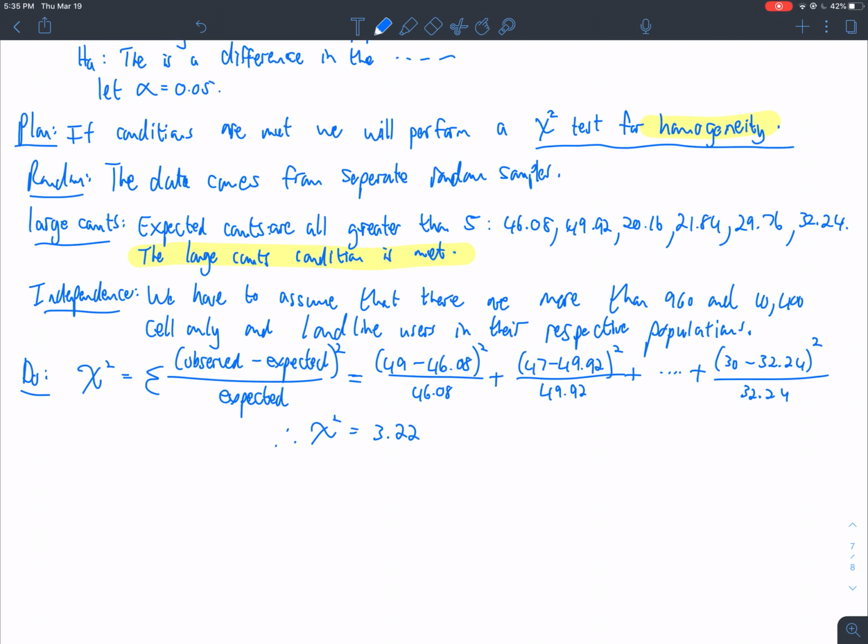And you get your chi-squared statistic, which is 3.22. That's a fairly tiny chi-squared statistic. It seems like it's close to 0, so maybe your p-value will be bigger.